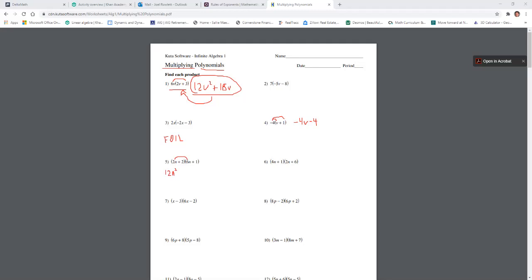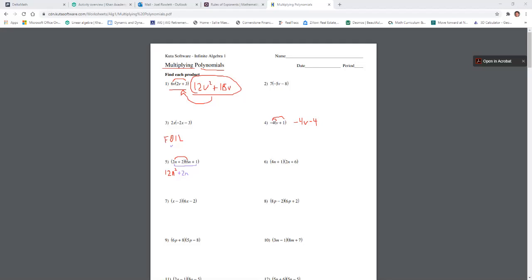Now I'm going to do the outside terms. Let me switch colors here. If I do the outside terms, I'm going to multiply 1 times 2n, because those are on the outside. And 1 times 2n is just positive 2n. So that takes care of the O in FOIL.